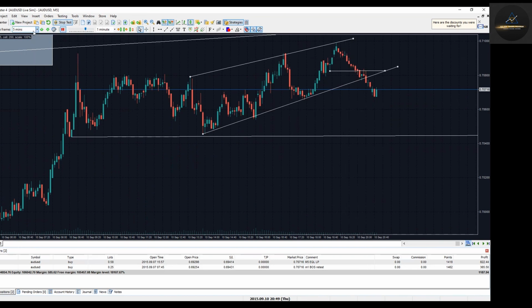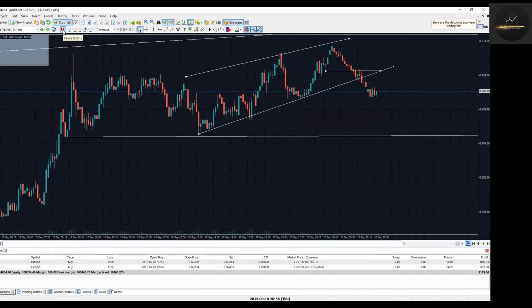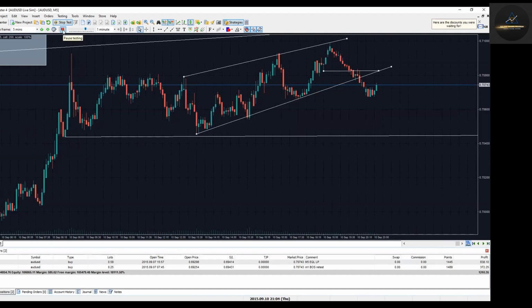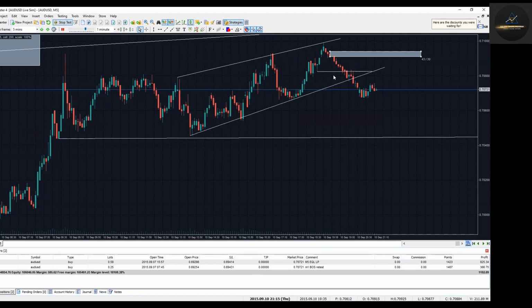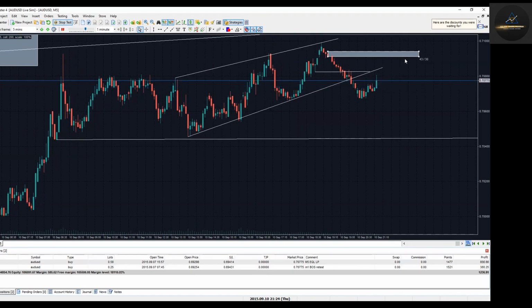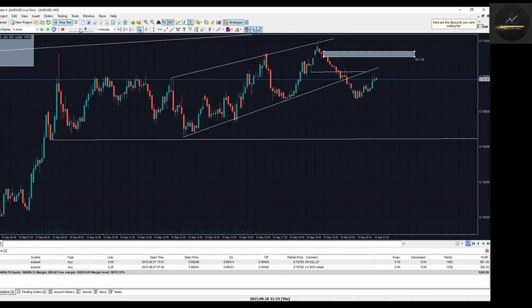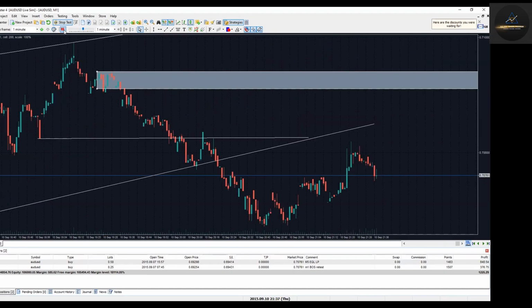So let's see if we get a pattern into that level. Let me just, here we are, just so that everyone can see what I'm thinking. So I'm waiting for a pattern into that level. So let's go down to the M1.